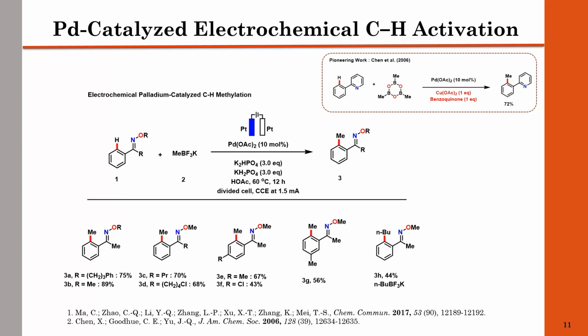This same methylation was previously done using chemical oxidants such as copper or benzoquinone. Now we don't need to use this toxic chemical oxidant. We can use electrochemistry to do this CH functionalization.